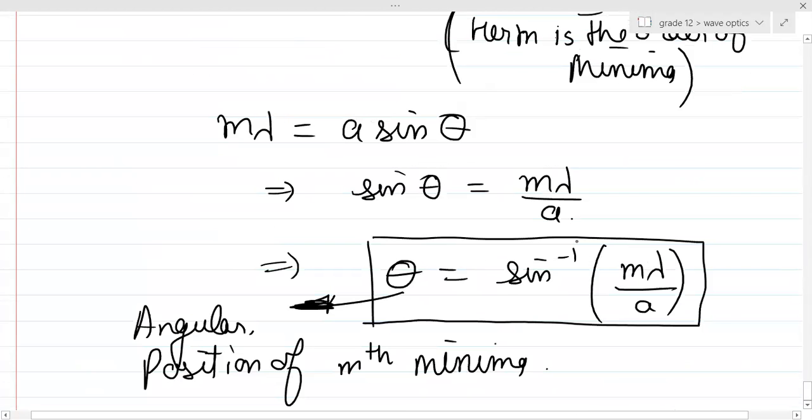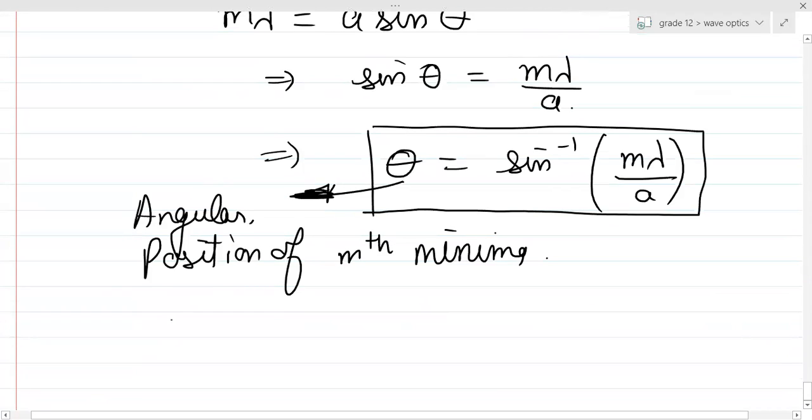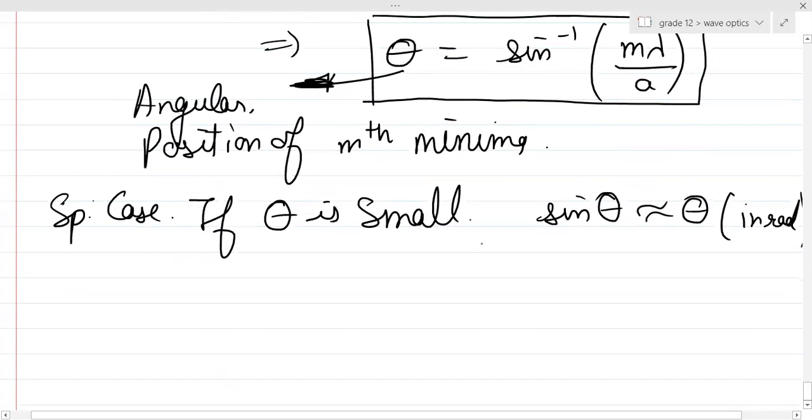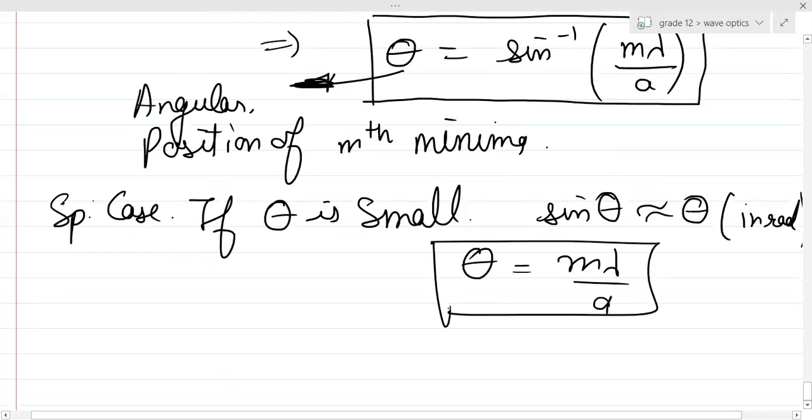For minima this is there, and for maxima we will not count. For maxima, we will just calculate the angular position and all. So angular position of mth minima is this. Special case, if theta is very small, which will not happen generally, then you can say sine theta is approximately equal to theta in radians. And from here, you can directly write theta is equal to m lambda by a.